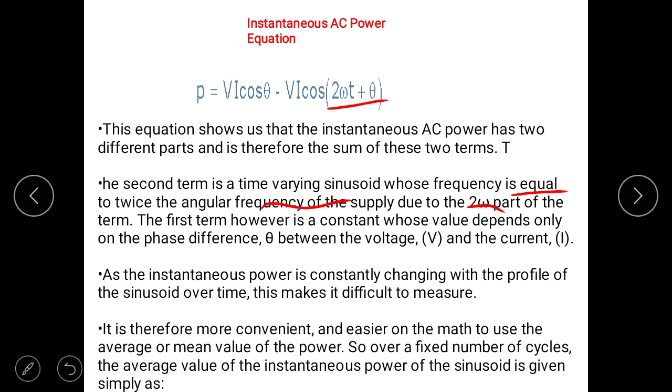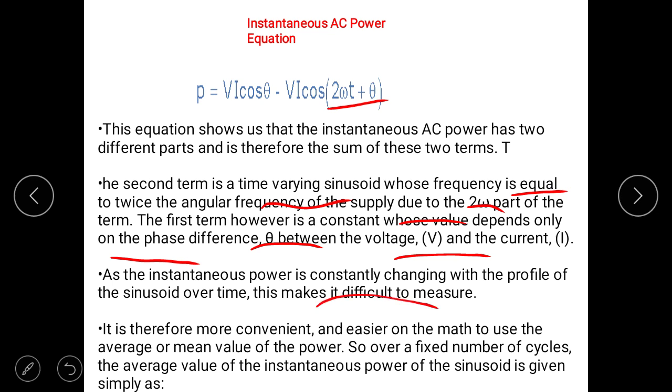The first term is a constant whose value depends only on the phase difference theta between voltage and current. As the instantaneous power is changing with the profile of the sinusoid over time, this makes it difficult to measure.